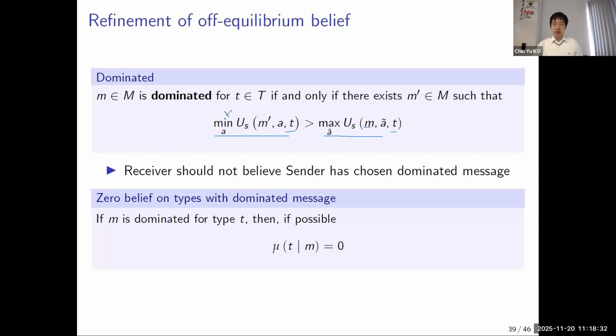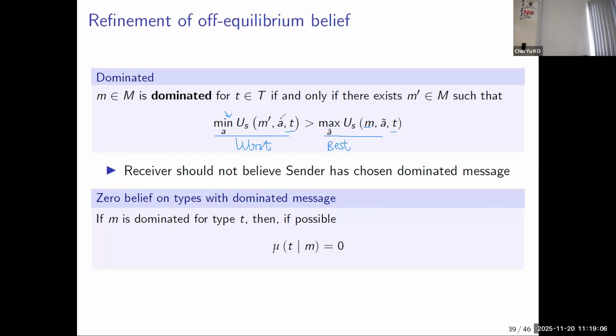The worst case scenario is the best you send another message. But if you send another message, the worst case scenario is better, then this is dominated. We'll see more clearly. It's very similar to strictly dominant as well, but it's not exactly.